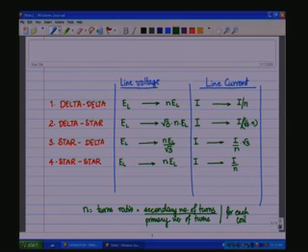Note that with respect to the delta and the star here, if we have, let us say, in both cases a given voltage, the windings of the transformer here will have to withstand a higher voltage.